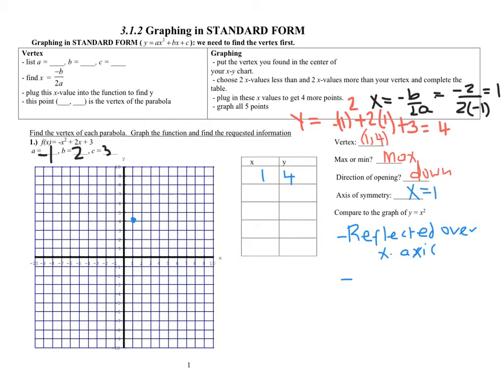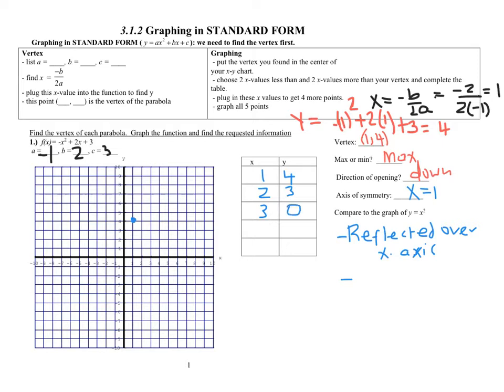So I start with 1, I get 4, and then I'm going to plug in 2. When I plug in 2, I get 3, and then when I plug in 3, what do I get?